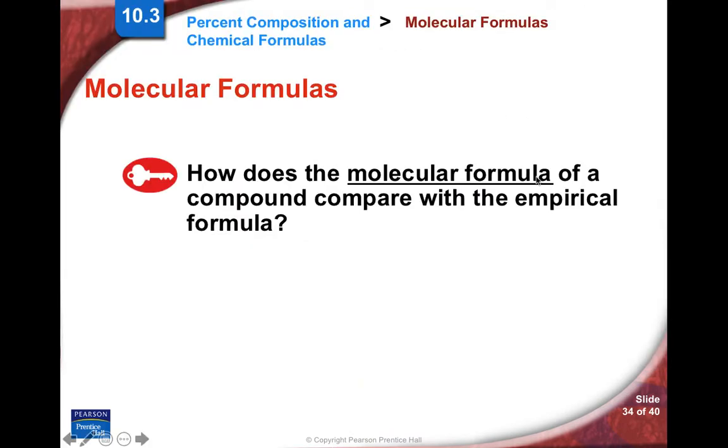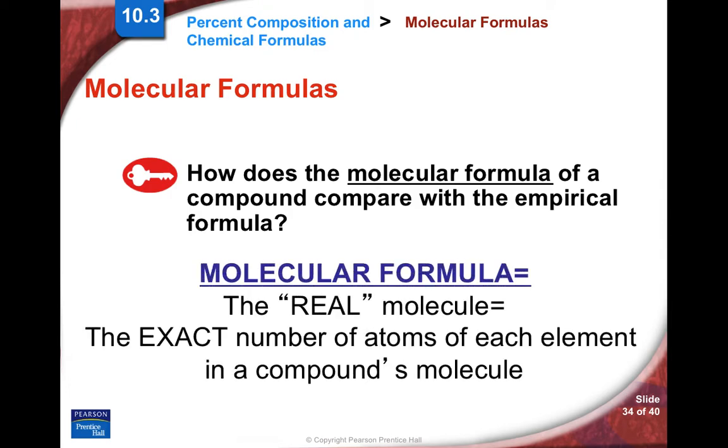All right, how does the molecular formula of a compound compare with its empirical formula? This is the second side of my note sheet if you're using that, or another page probably would be good. So the definition: molecular formulas are the real molecule's formula, the exact number of atoms that each element has in that particular compound's molecule.